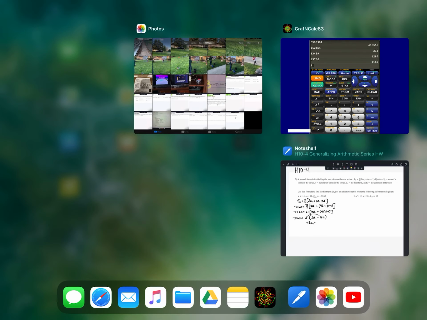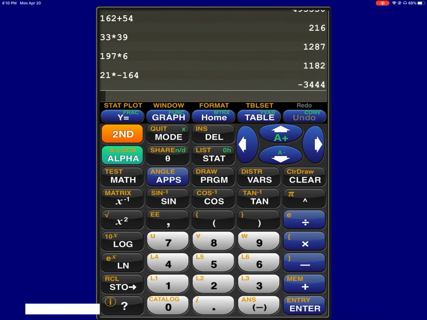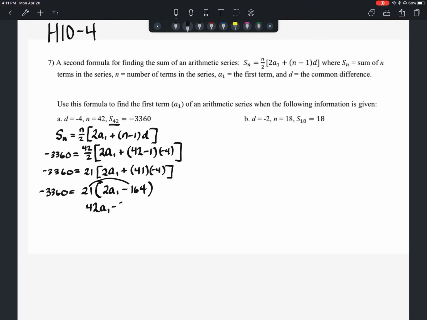That's not good. 21 times -164 is -3,444. That equals -3,360, right? So we're going to take it, add the 3,444 to each side. That's not a 3, that's a 4.